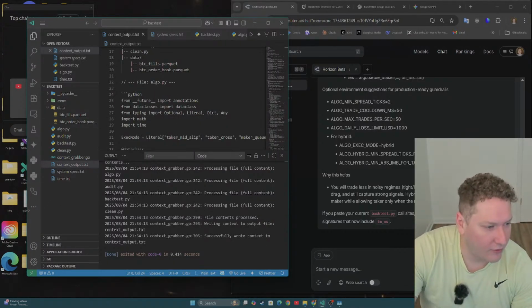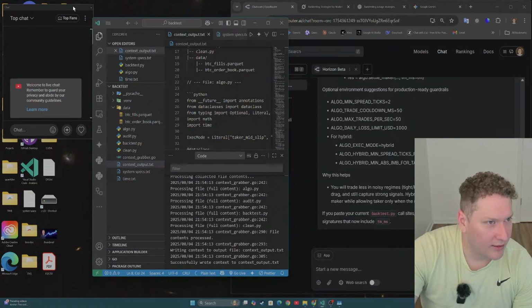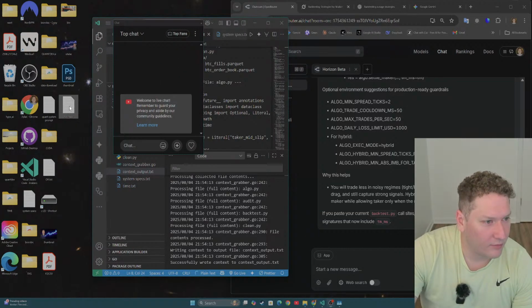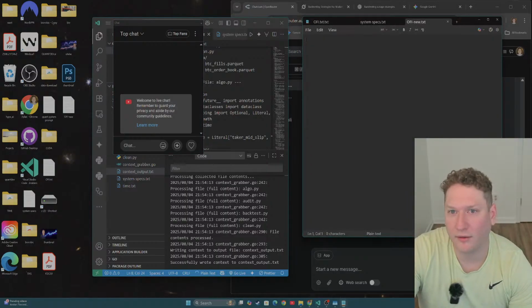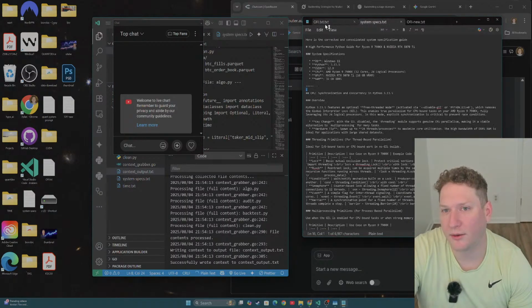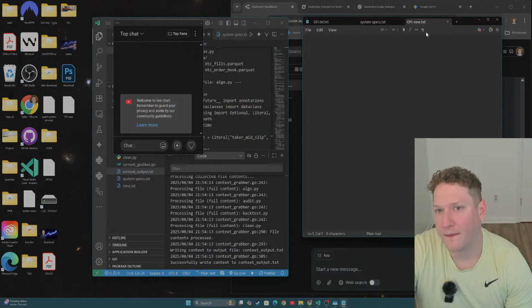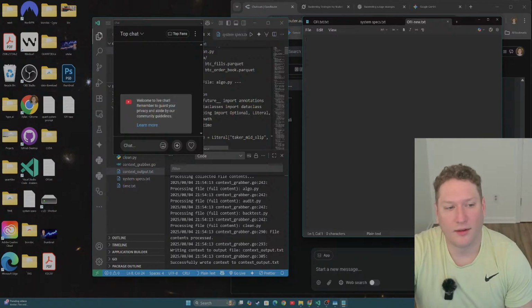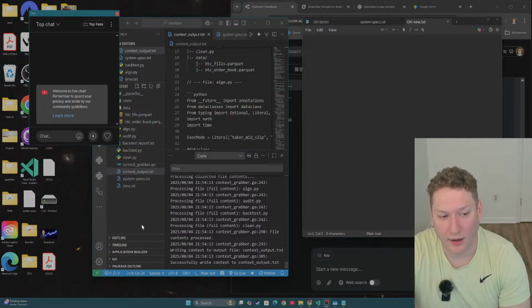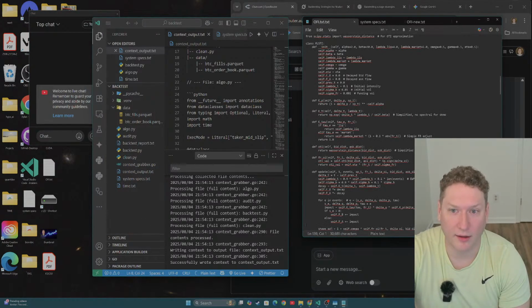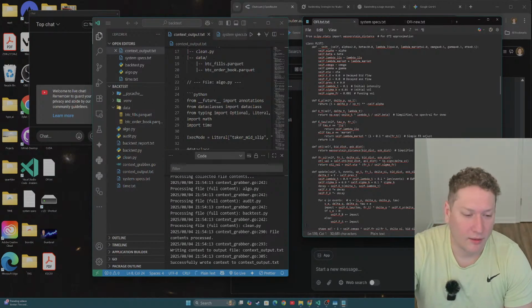I have some ideas here that I wrote down. Oh, did it show up at all? So at the end of the day, we're going to be working with microstructure indicators like order flow imbalance, VPIN, whatever else.